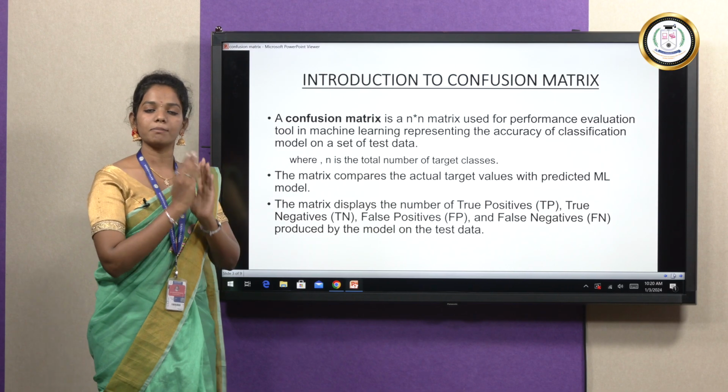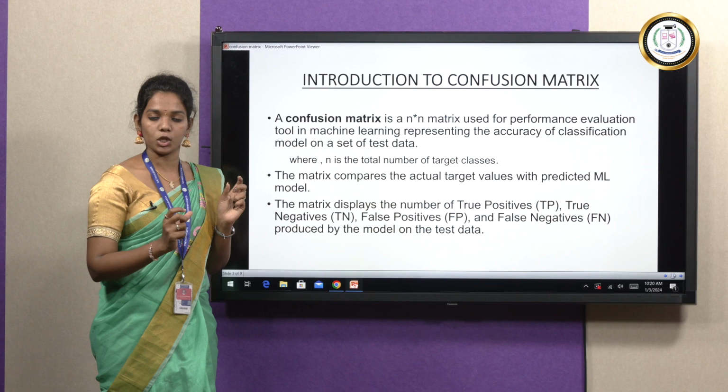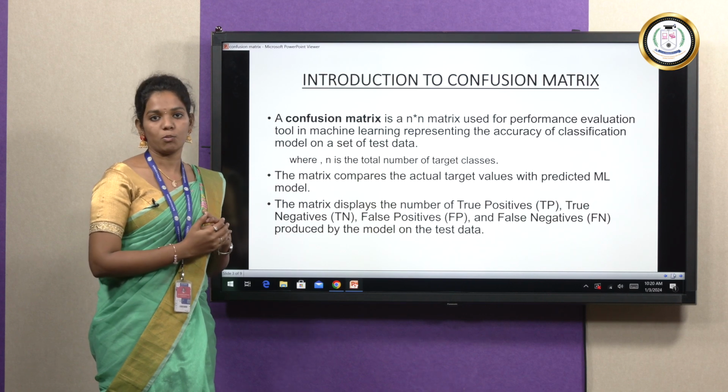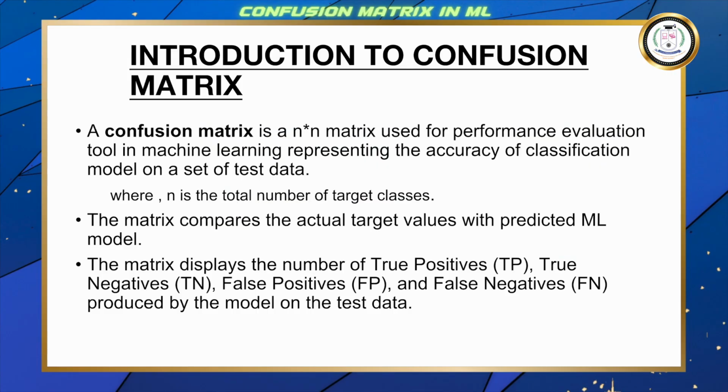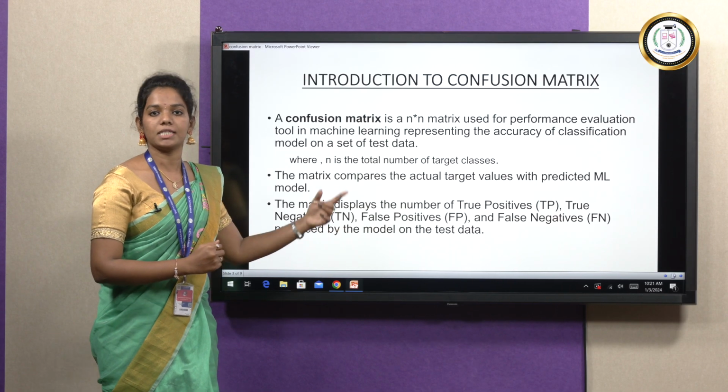It compares the actual target value with the value predicted by the machine learning model. By using the confusion matrix, we display the true positive, true negative, false positive and false negative predicted by the classification model on the given data.